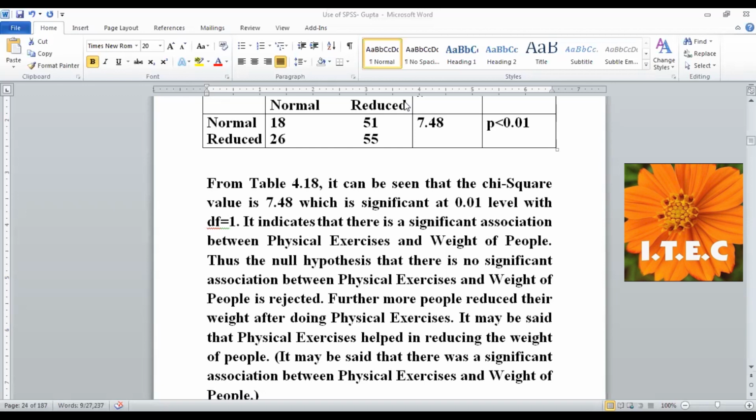But here we are not using the word mean. Therefore, it cannot be. Number two, yes, it is 2 by 2 chi-square. But in chi-square, we directly have the frequencies.